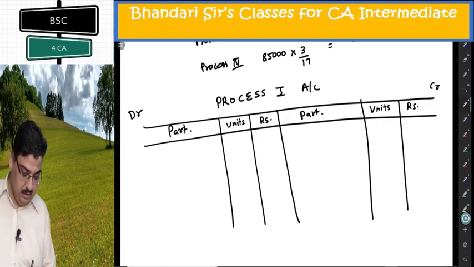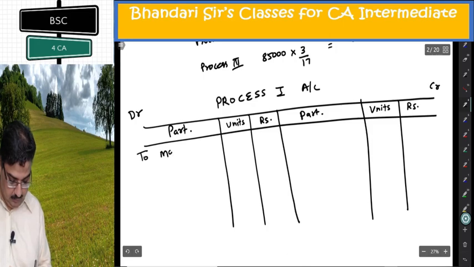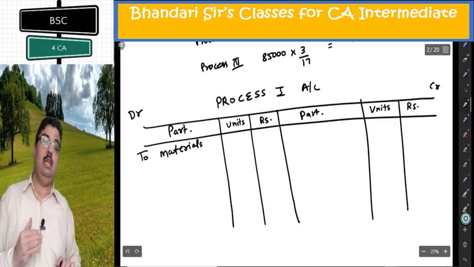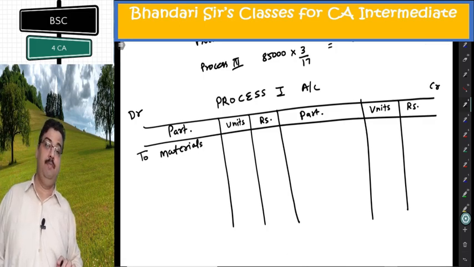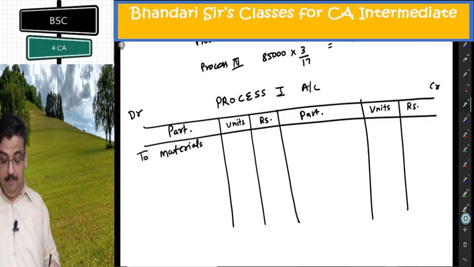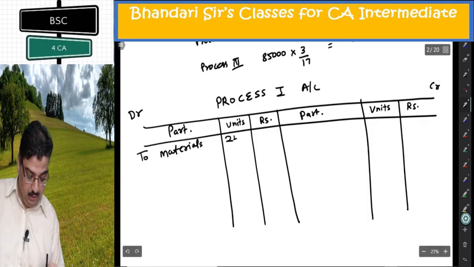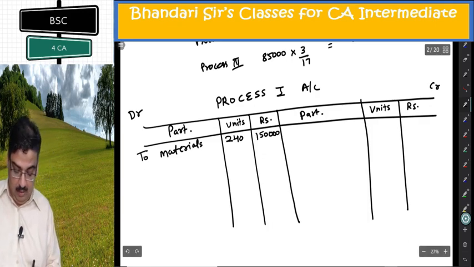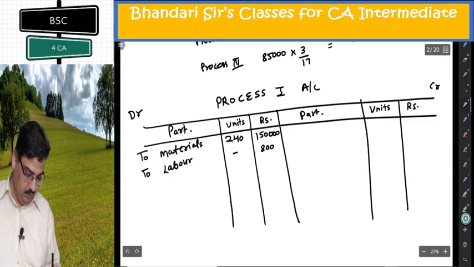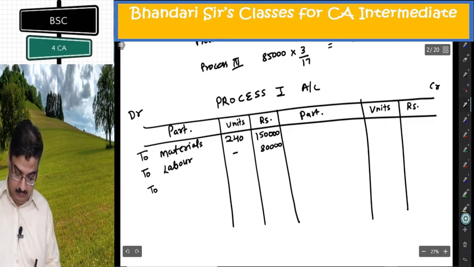First is materials. The first process does not receive anything from a previous process. It directly starts with the material. The material is 240 units, costing 1,50,000. Labor, nil units, 80,000 cost. Other expenses.